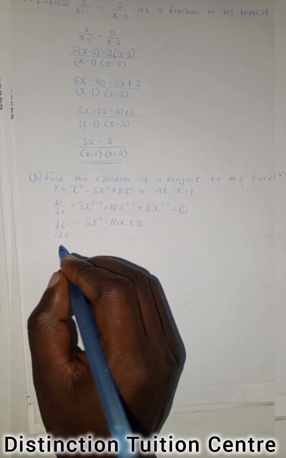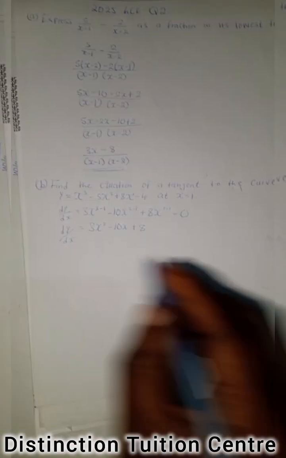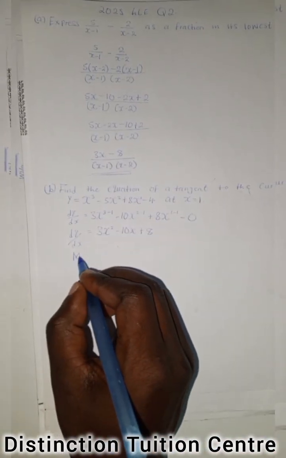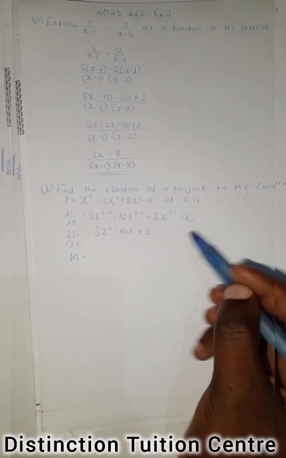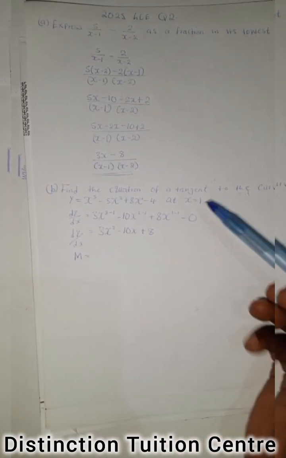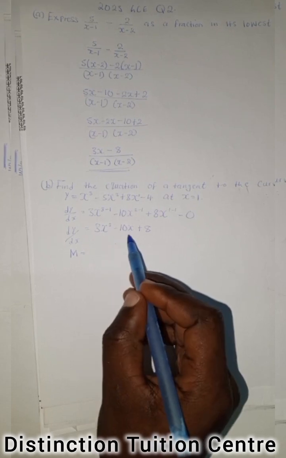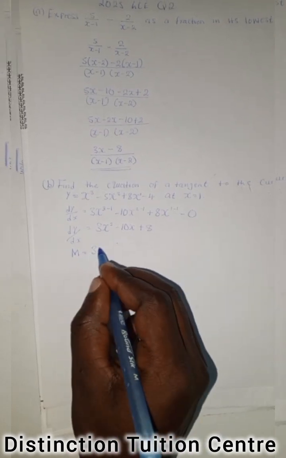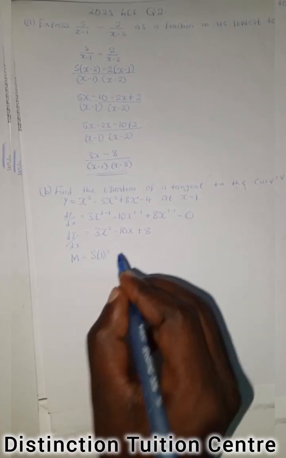After getting to this point now, we can go ahead and find the gradient. So the formula for the gradient, so this will be gradient is equal to, now remember we have been given the value of x to be 1. So here we'll replace x with 1.